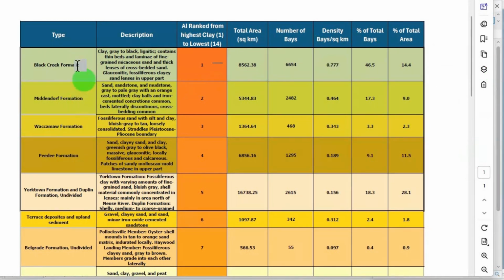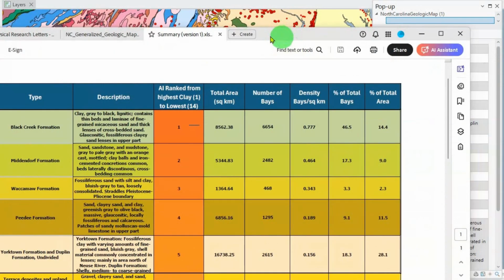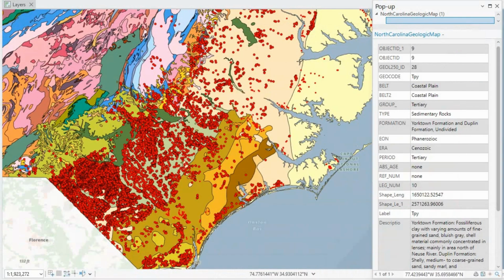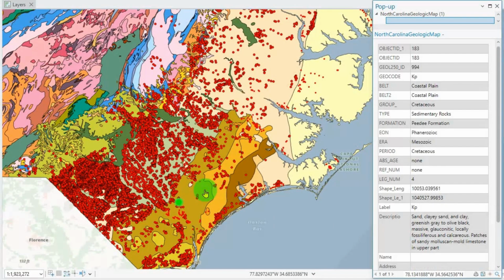But there's also the elevation component, because Middendorf and Black Creek Formation are the ones that are like 150 feet up. The Waccamaw actually has a little bit of elevation down there because even with the sea level rise, we saw that there would still be some of those barrier islands. The PD Formation, this formation right here, has a bunch of fingers coming out on it.